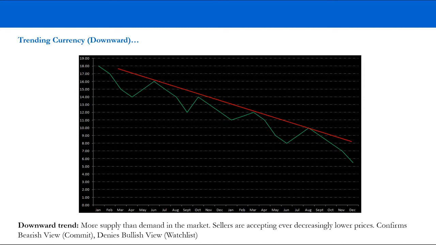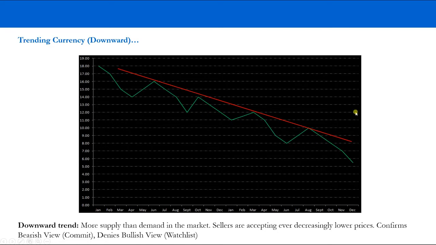But it also denies a bullish view. So if you come into this situation where you have a fundamental predisposition that's bullish, you'd be better off sticking your fundamental idea on the watch list and leaving it until this well-defined downward trend is broken to the upside.